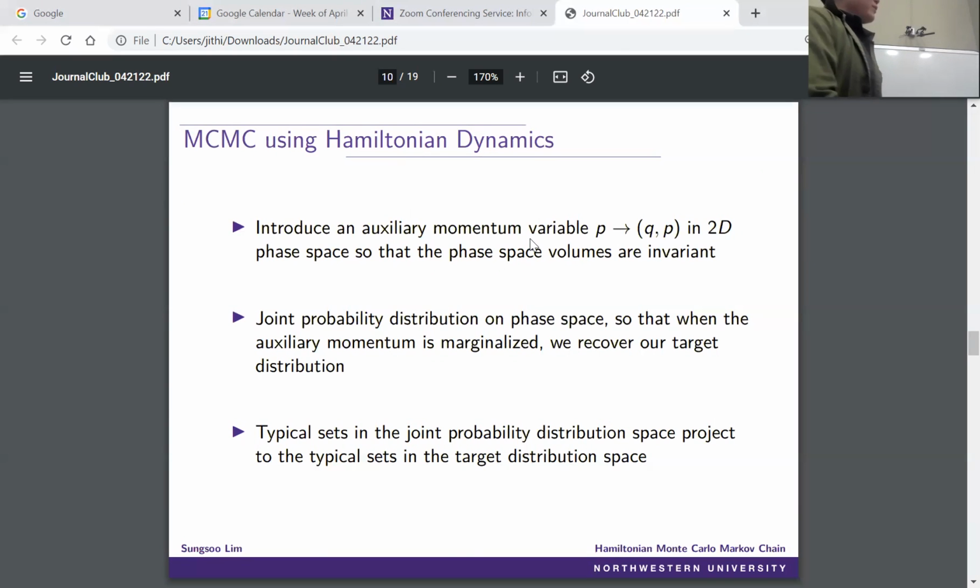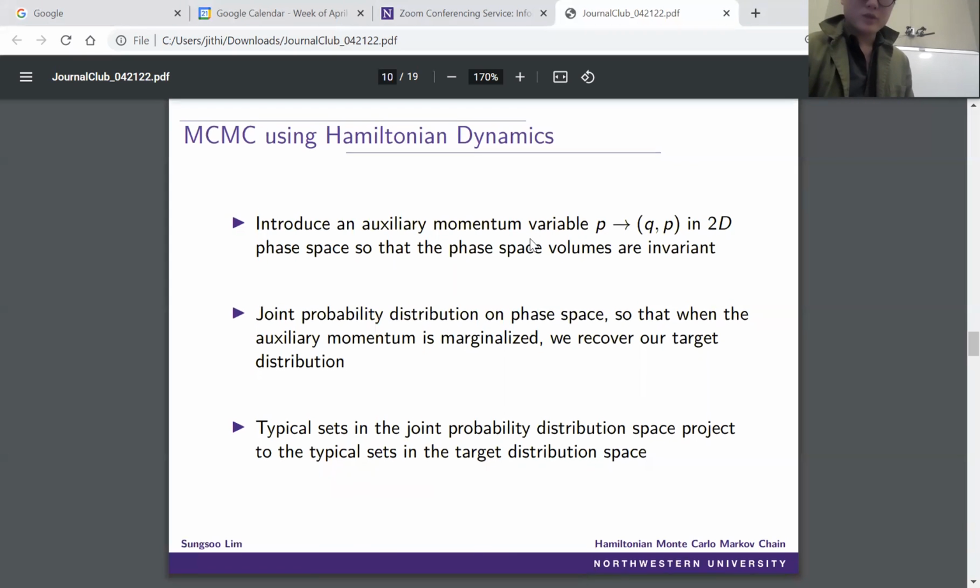Since what we have is just the target distribution in its parameter space, with one variable, we introduce this auxiliary momentum variable P, but we also have to make sure that the joint probability distribution on the resulting phase space is set so that when the auxiliary momentum is marginalized, we recover the target distribution in Q space.